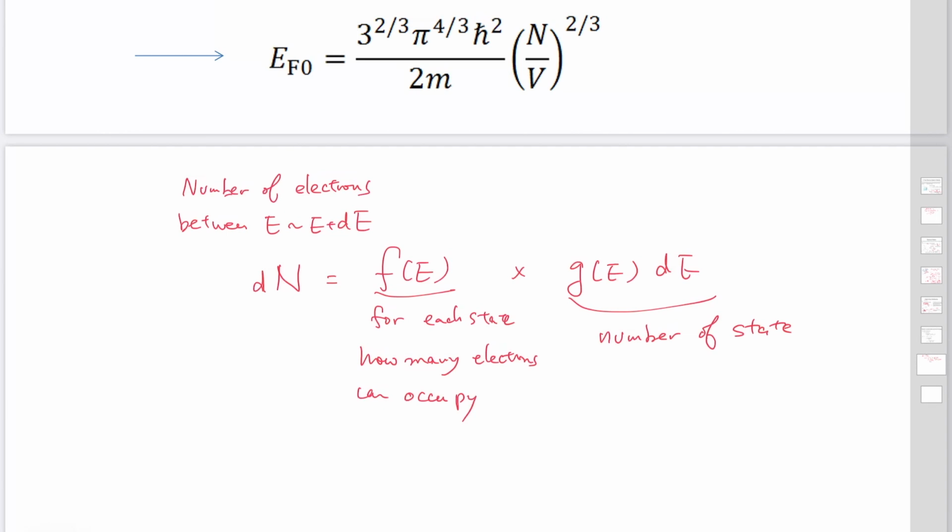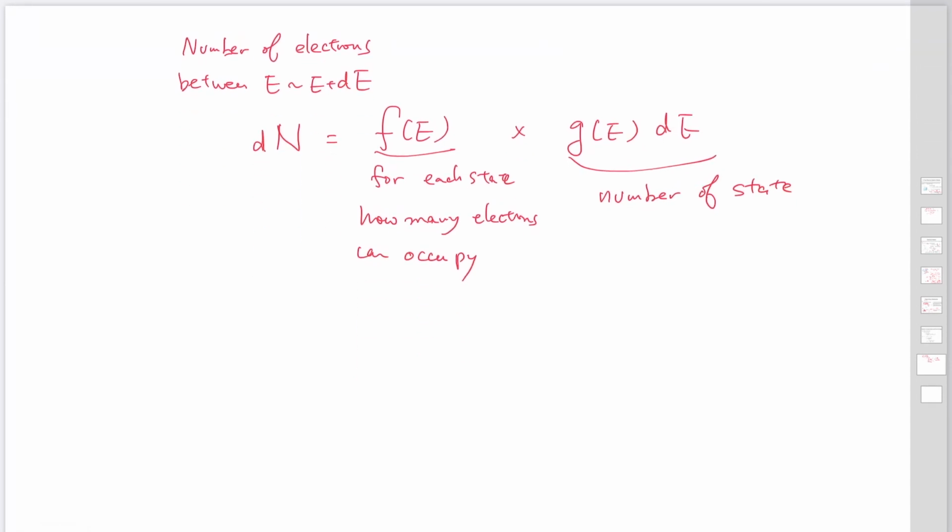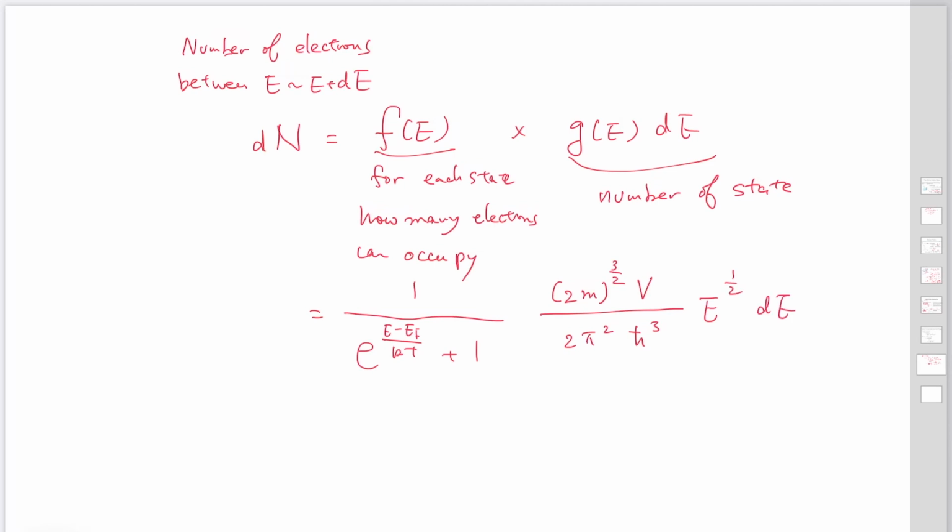You can substitute all the information. It becomes 1 over exponential (E minus E_F) over kT plus 1, times (2m)^(3/2) V, volume, over 2π² ħ³ E^(1/2) dE.